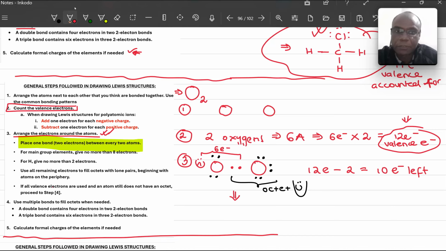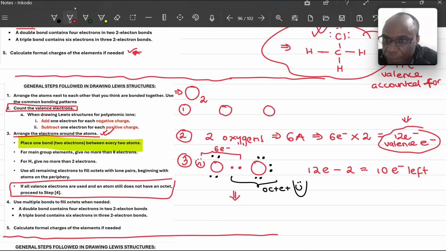We've used all the 12 dot electrons. But one of the elements does not have an octet. So because of that, we are going to proceed to step 4. You see how it says here, if all valence electrons are used and an atom still does not have an octet, which is this oxygen that's very, very sad, proceed to step 4.